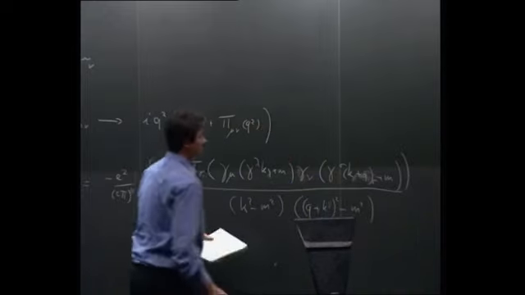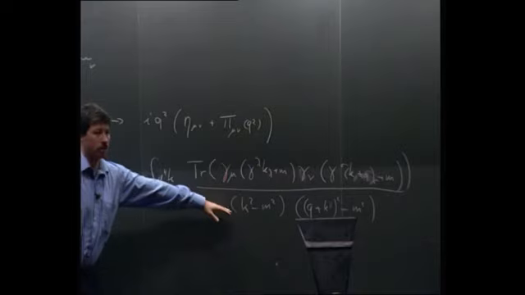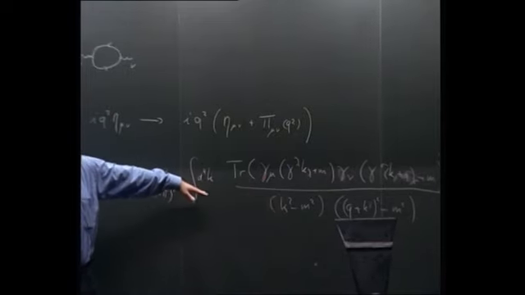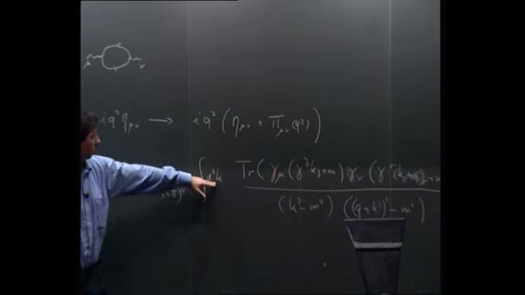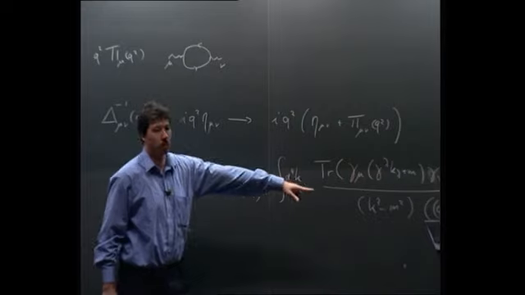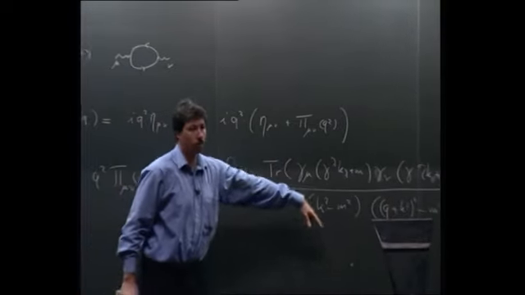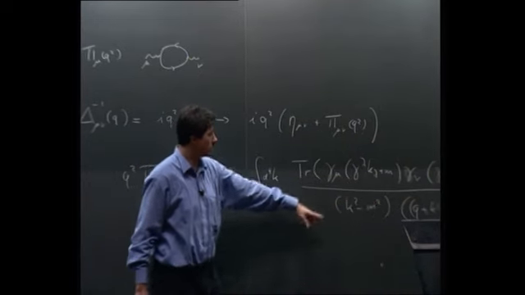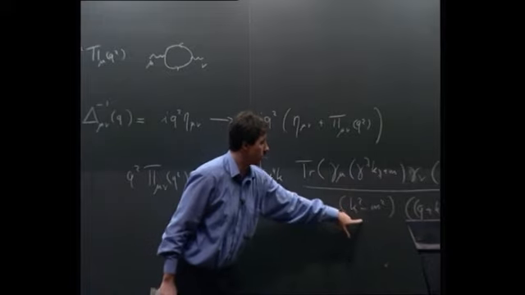The i epsilon actually is needed to tell us how to do these integrations, because the way to evaluate these integrals is by doing the integral in the complex plane. So there's a certain prescription that you have to use for how to deal with these denominators, in particular the poles that arise, which are at the values where this vanishes.